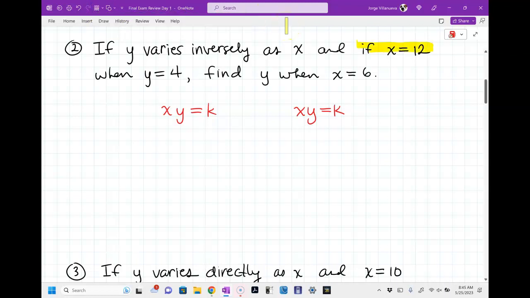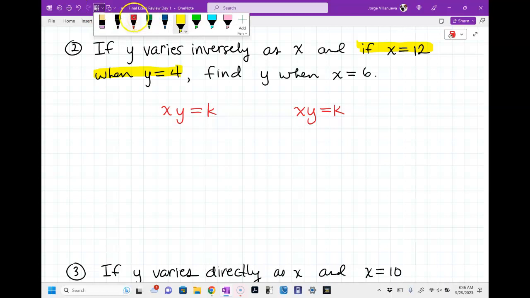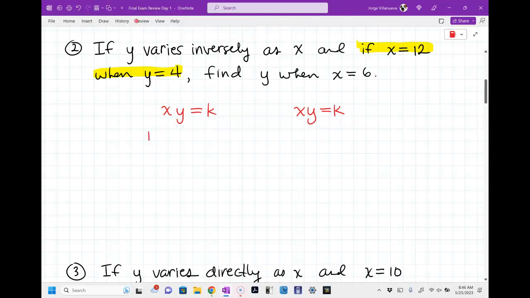They say if x equals 12 when y equals 4. That piece of information helps me figure out the k value. That's my initial job, figure out what k is. So I'm going to get the information they gave me. x is 12 and y is 4. And I'm going to put 12 times 4 equals k. So k is 48.